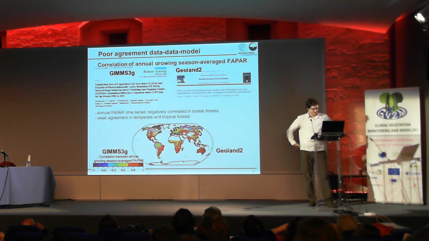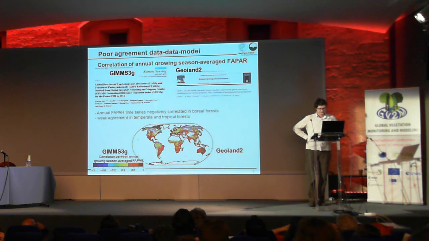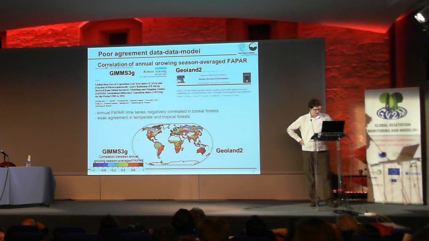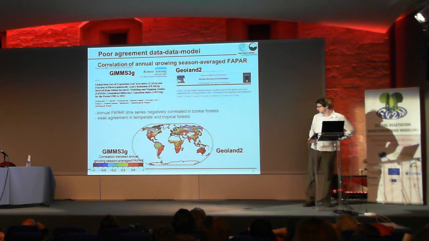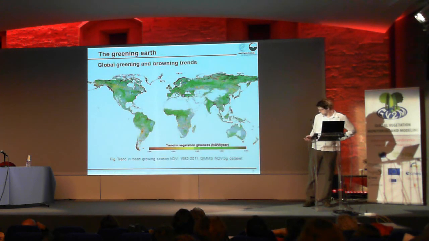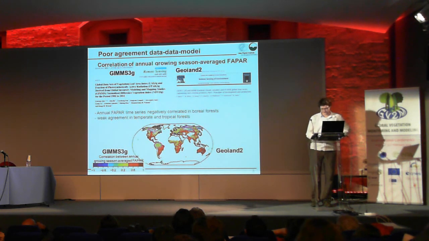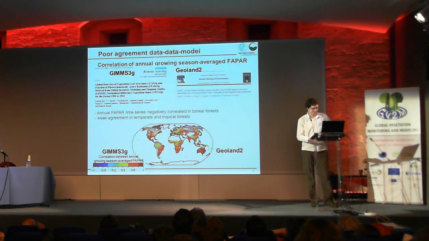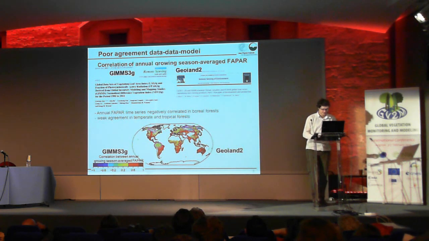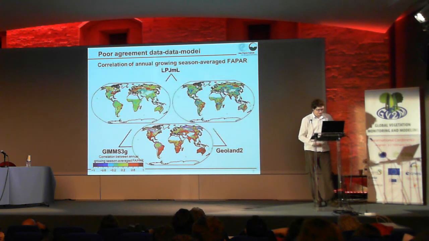We can see that they show not such a good agreement, or actually a very bad agreement, in some of the boreal forests and in tundra regions, for example. Here in the Amazon, for example, also, but this is also due to the weak seasonality in these regions.